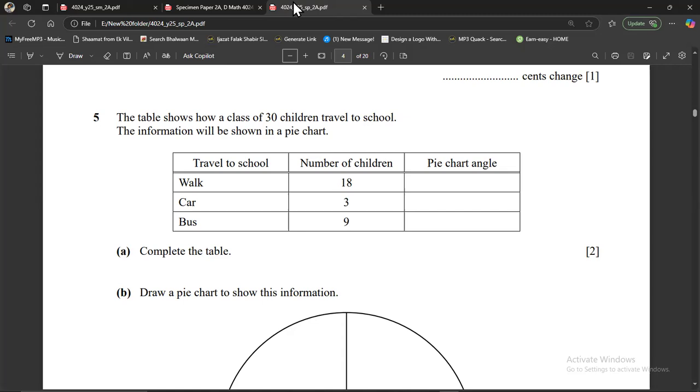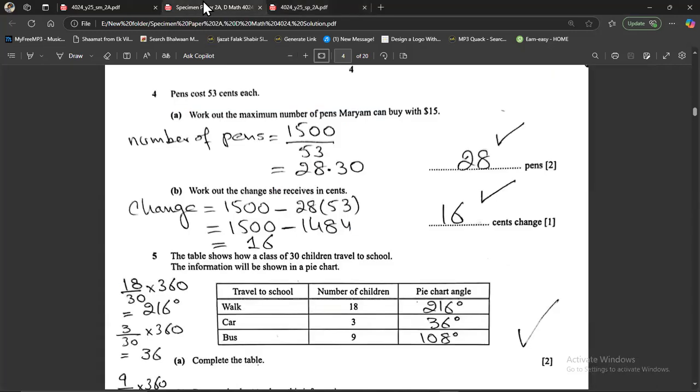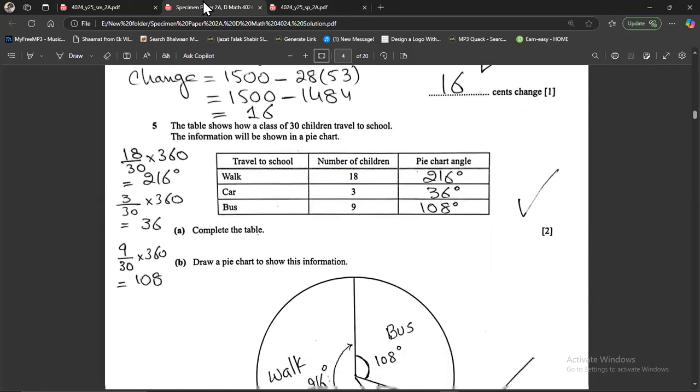The method is very simple: the frequency of that class divided by the total, multiplied by 360. So 18 divided by 30 multiplied by 360. For the cars, 3 divided by 30 multiplied by 360. And for the bus, 9 divided by 30 multiplied by 360. This is how you find the angle.